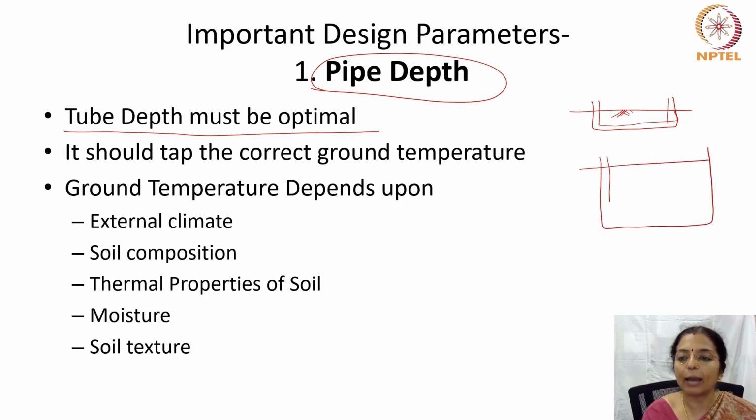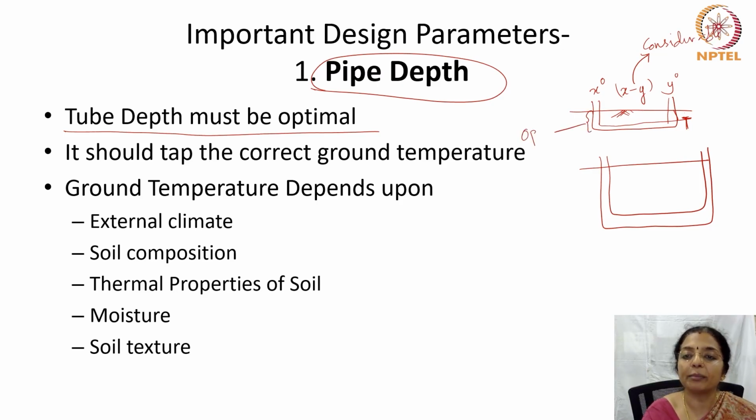What will happen when you have a very shallow depth of the tube? Now the temperature here may not be appropriate for you to have a considerable difference between x minus y. So this temperature difference has to be considerable. If it has to be considerable, then the depth of the soil has to be optimal.